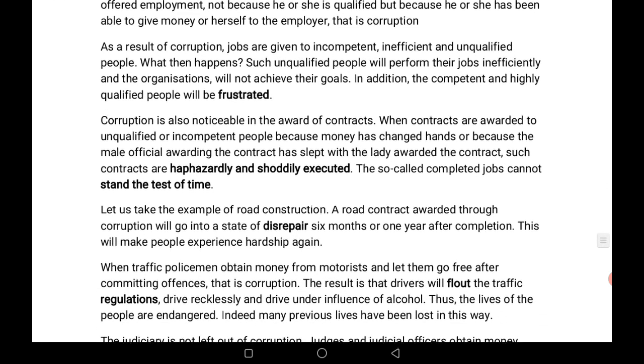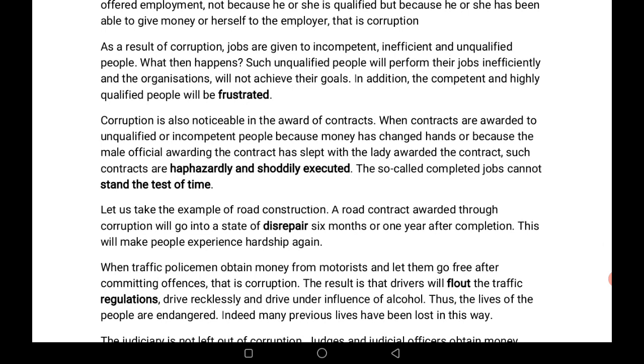The writer also looked at corruption in the awarding of contracts, whereby contracts are awarded to unqualified or incompetent people. And the result of this is that such contracts or such jobs are done haphazardly, they are not well done.